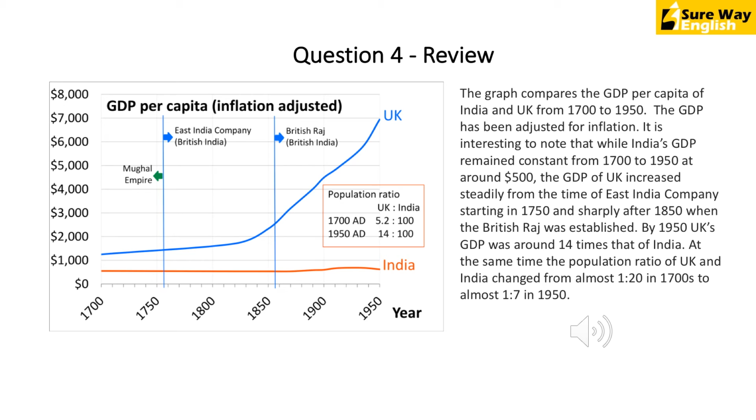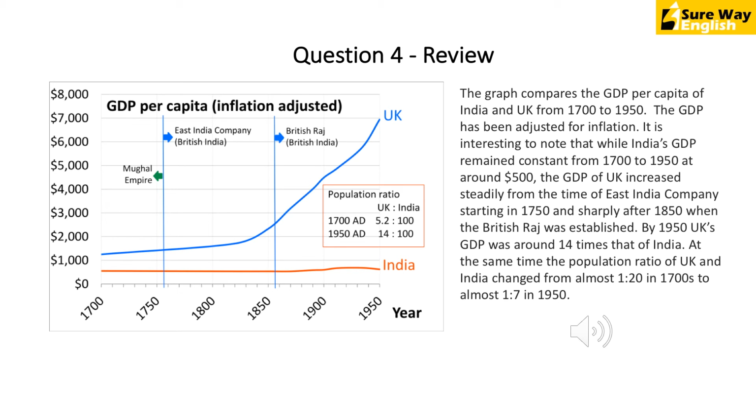Okay, so the very first thing, when you look at this image, what's the first thing that you notice? The first thing that you notice is that it's a graph. So it shows the curves for UK and India. You look at the title to see what the graph is about. So it is GDP per capita, inflation adjusted. And then when you are looking at the graphs, you look at what's at the x-axis.